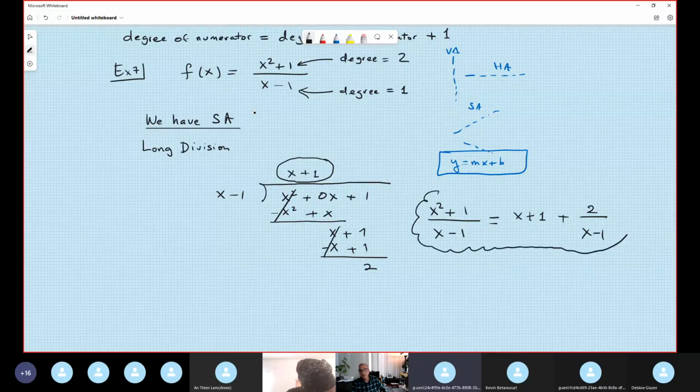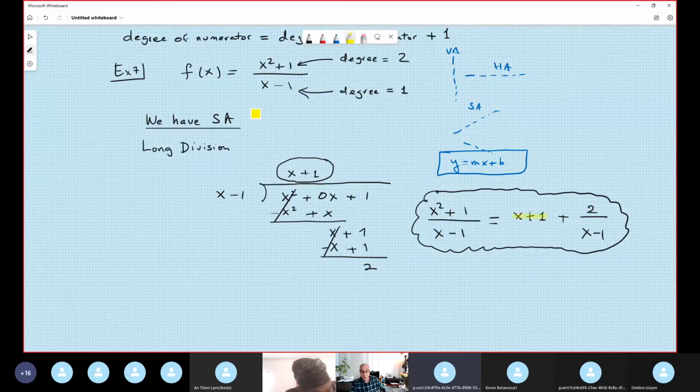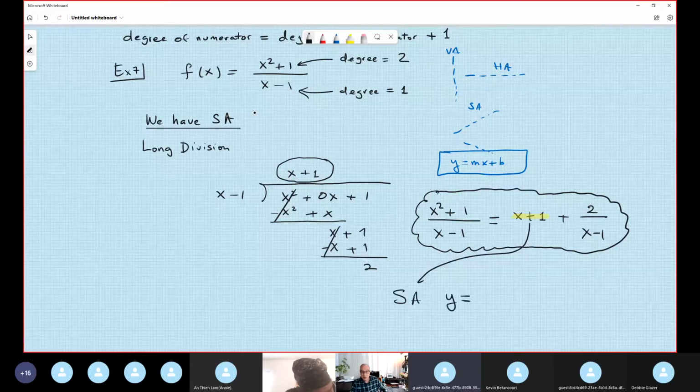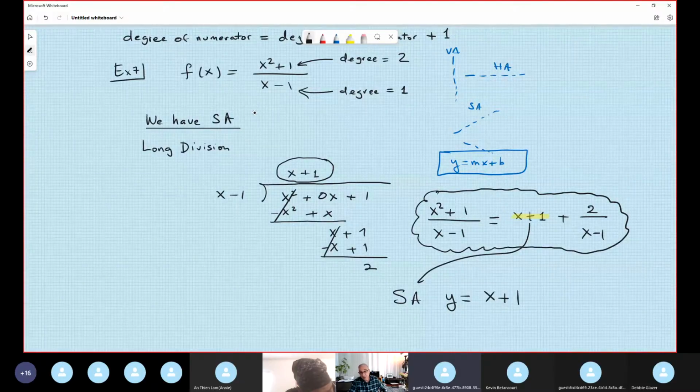This is basic algebra, long division. Allow me to decompose this expression. This part is easier to analyze because it represents our slant asymptote: y = x + 1. And that part represents the rest.